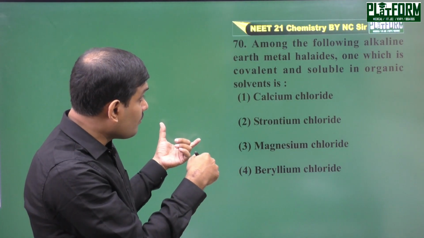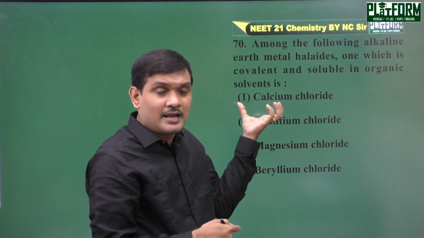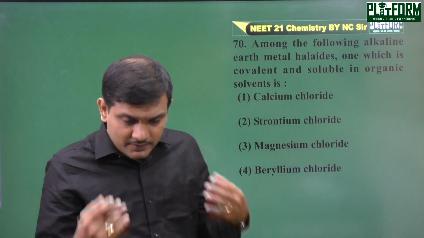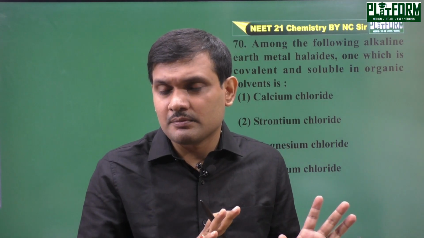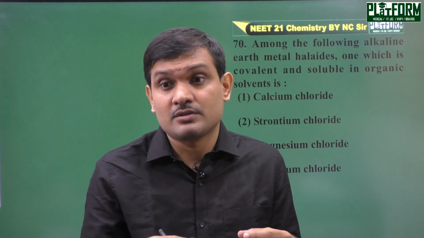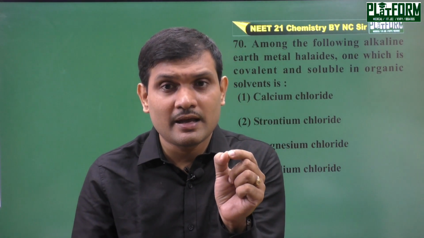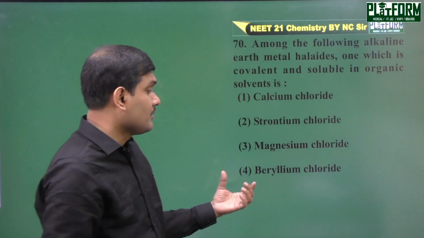As given in NCERT, except beryllium, all alkaline earth metal halides are ionic, and since they are ionic, they are soluble in polar solvents like water, not in organic solvents. So the halide which is covalent in nature and soluble in organic solvent will be beryllium chloride.